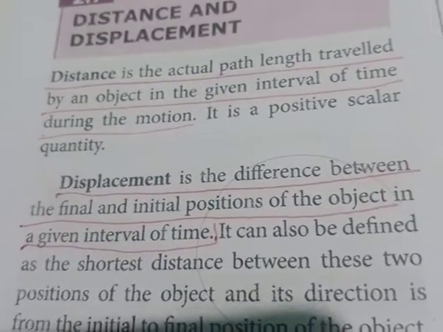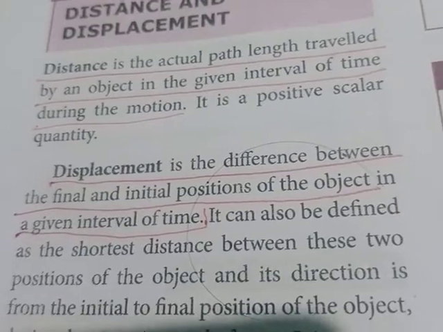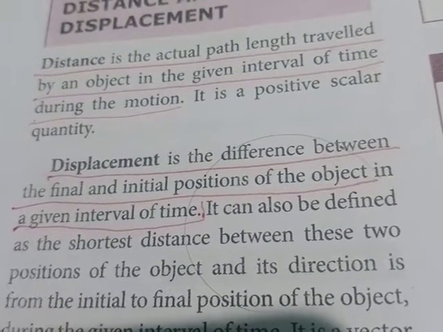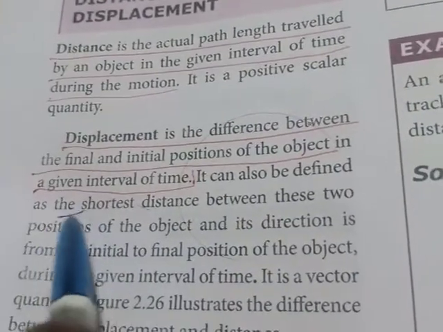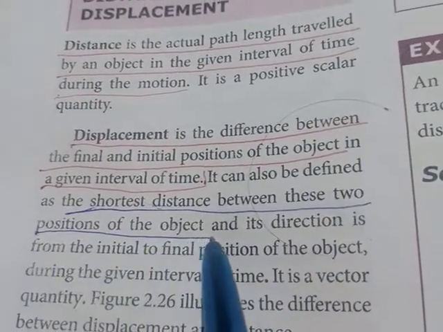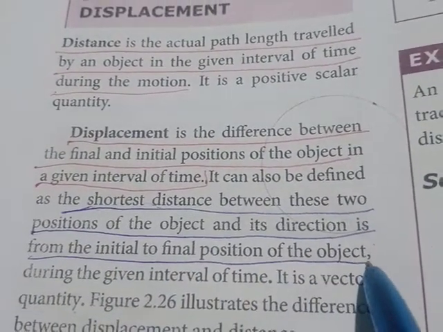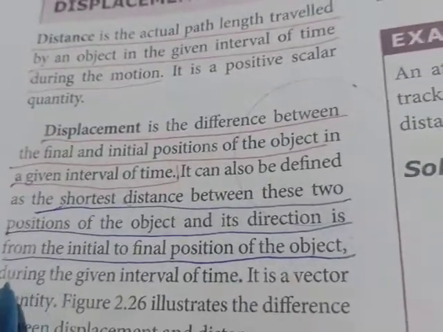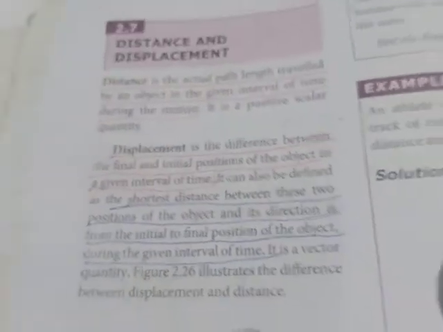And displacement is the difference between the final and initial position of the object in a given interval of time. You can also define it as the shortest distance between these two positions of the object and its direction from the initial position to the final position of the object during the given interval of time.